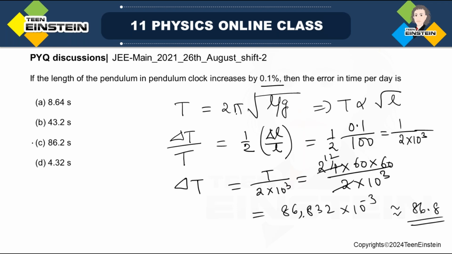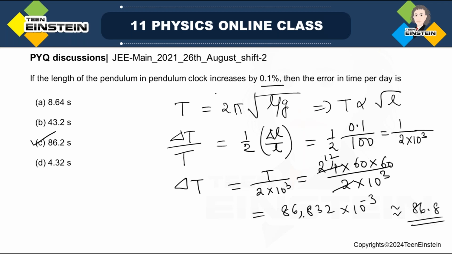So I think we can write this one, 86.2. This is not a second pendulum, right? The length of the pendulum, this is not a second pendulum.